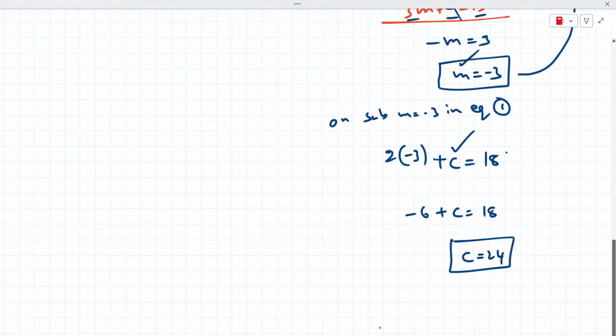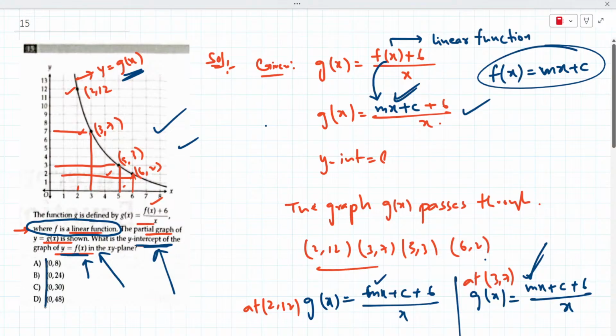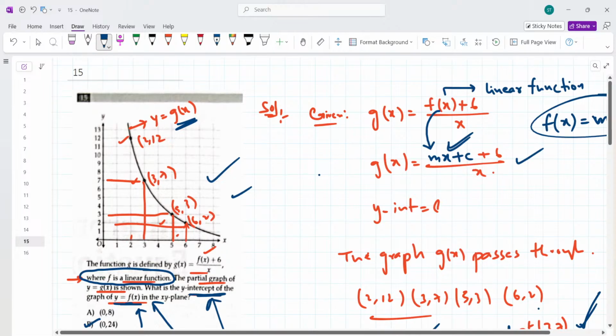So the y-intercept of the graph of f of x, at x equals 0, is (0, 24). You can see all the options are zeros, x, x, x, and only option B is correct. Yeah, that's the thing for this question.